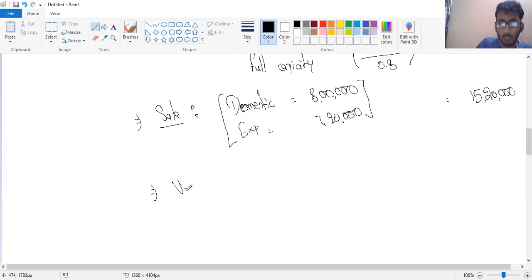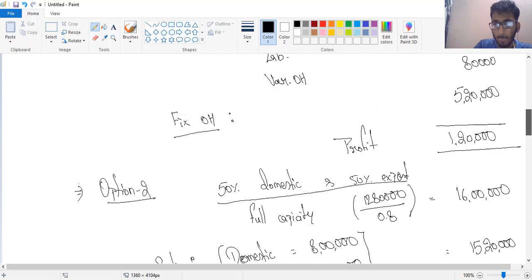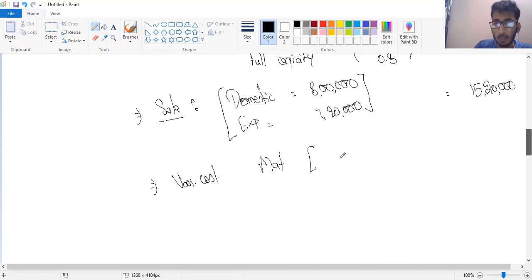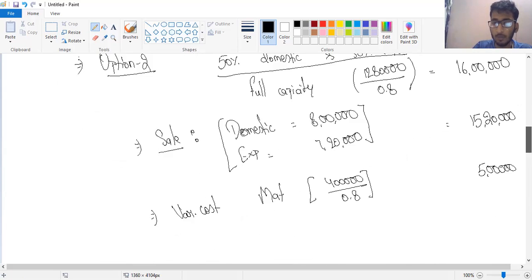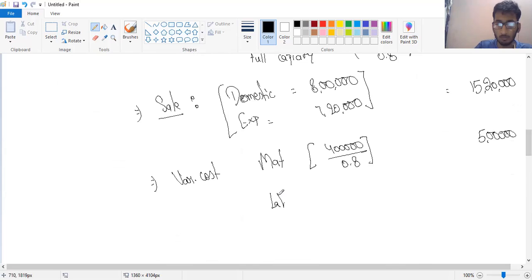Now, what would be my variable cost? For material, if 4 lakh denotes 80%, the full amount would be 5 lakh. Correct. For labor, if 1 lakh 60,000 is 80%, the full amount would be 2 lakh.